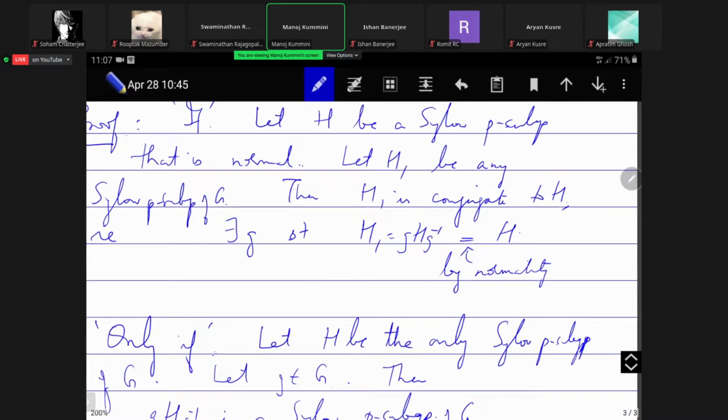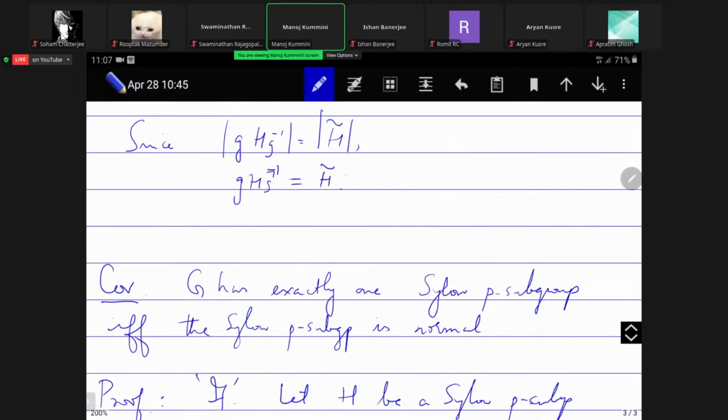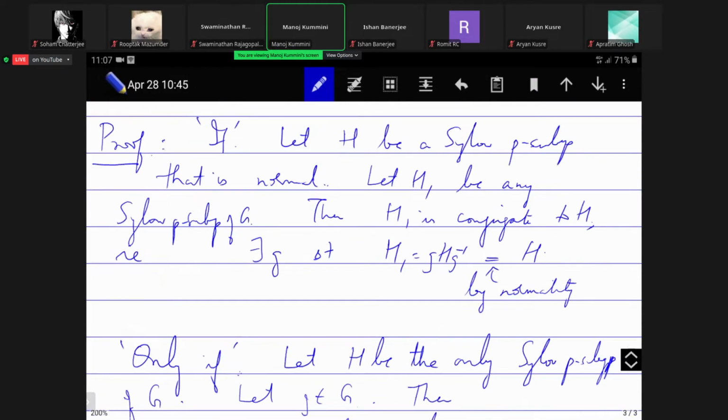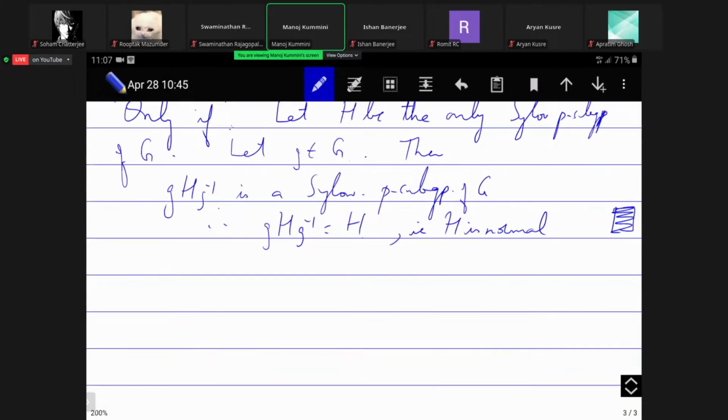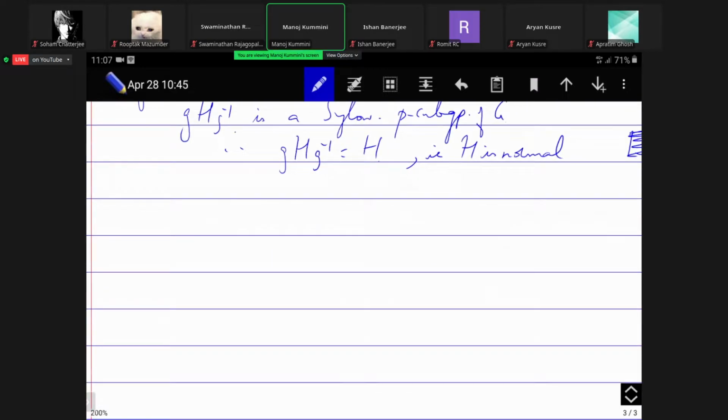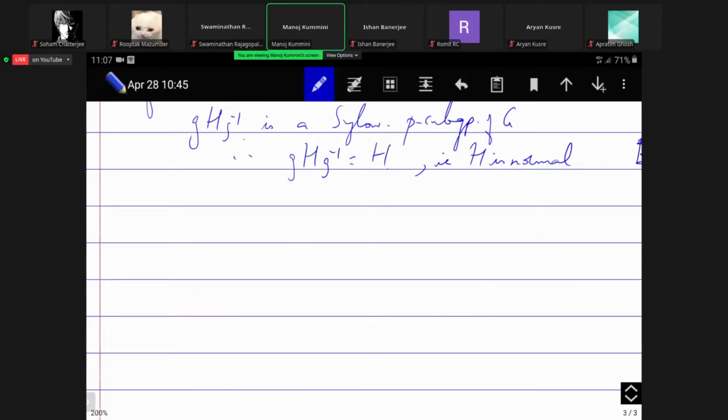Okay, so this is a corollary: if for some P there is a unique Sylow P subgroup, then that subgroup must be normal, and the converse is also true. So this is the second Sylow theorem. And the third thing now says how many Sylow subgroups there are. Okay.